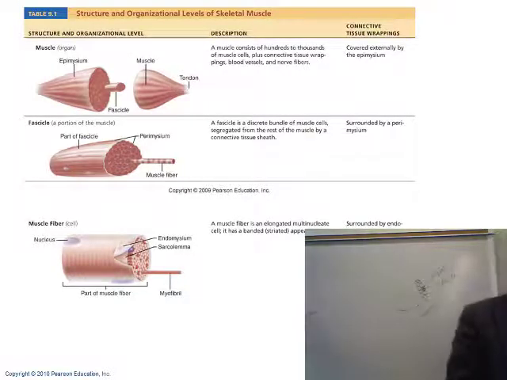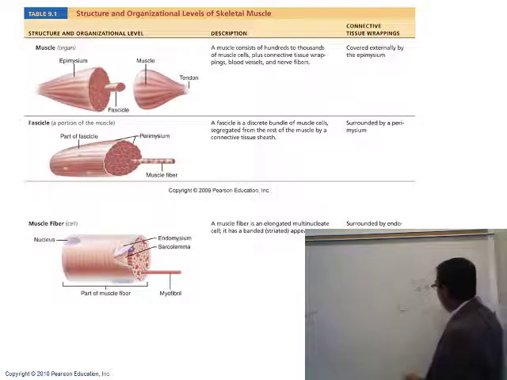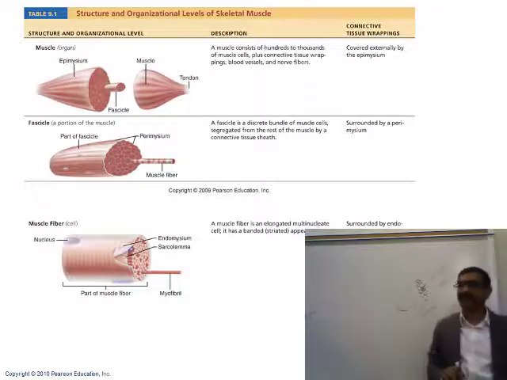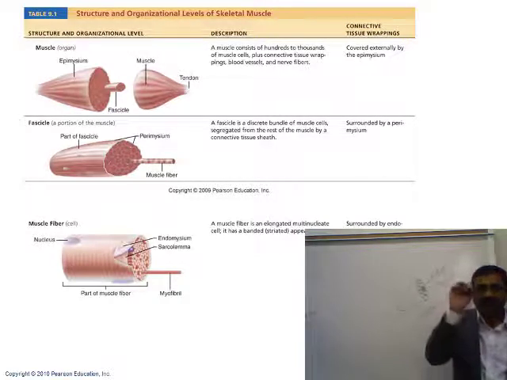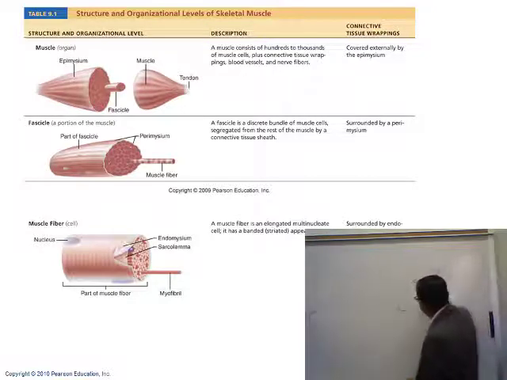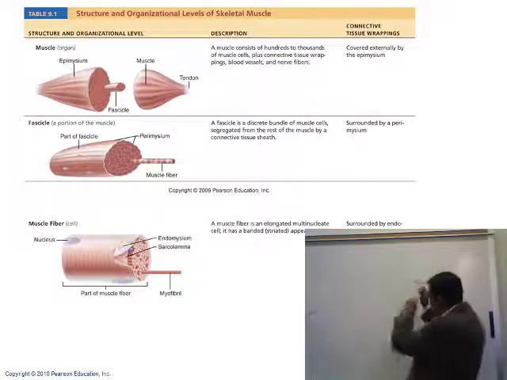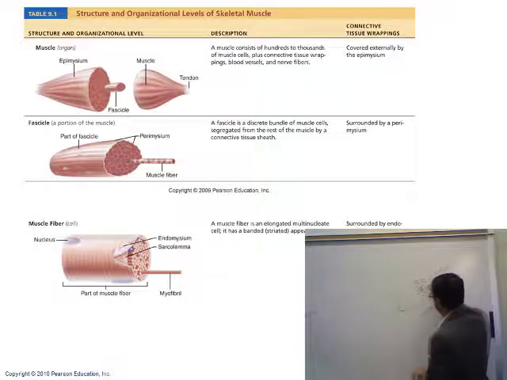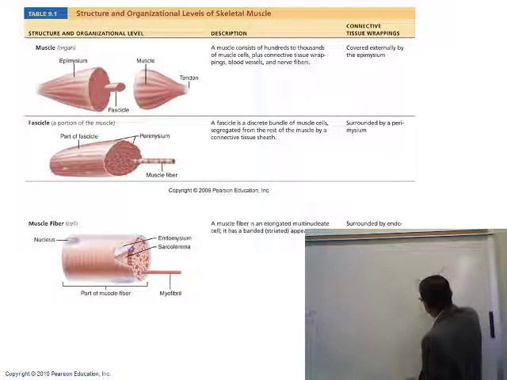Inside the muscle, you'll see the structure. Now, inside the fiber, if you see very carefully, you'll see thin rod-like structures, and these are called myofibrils. Myofibrils.